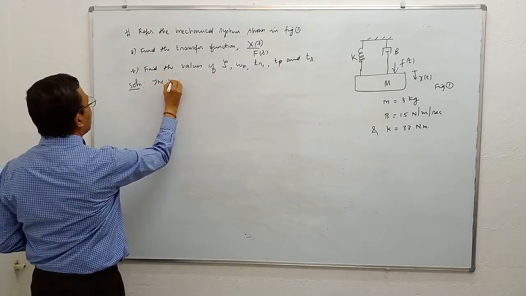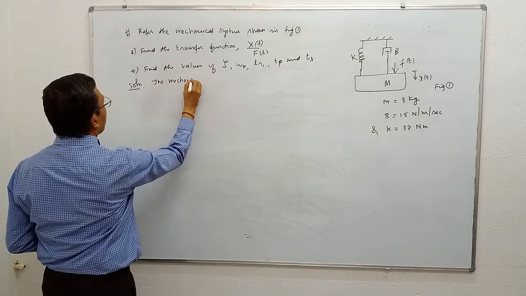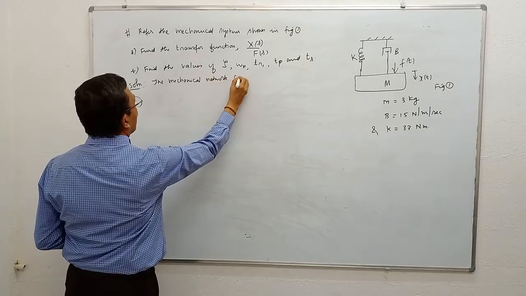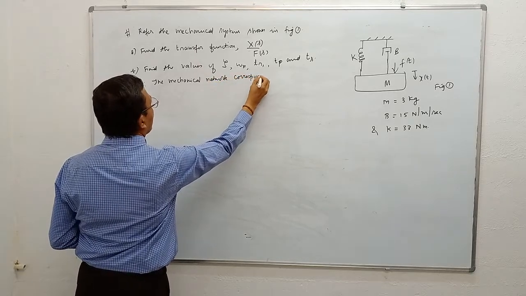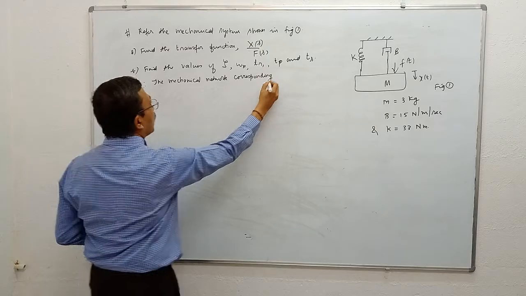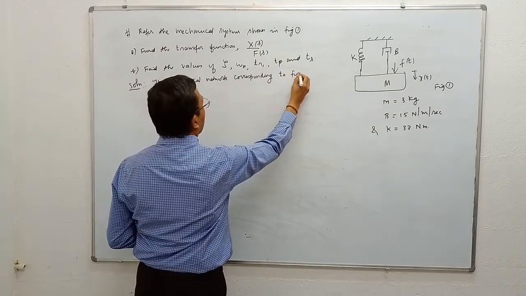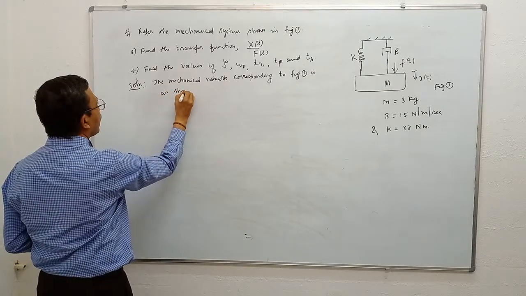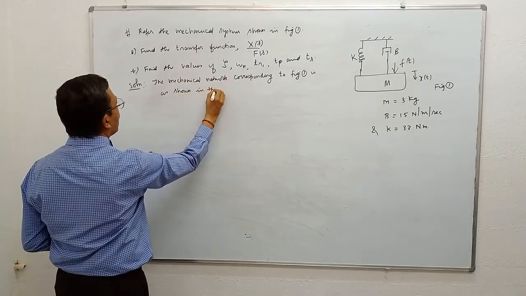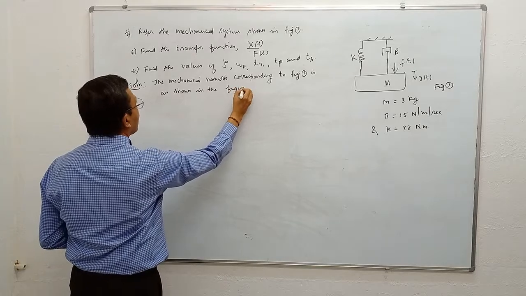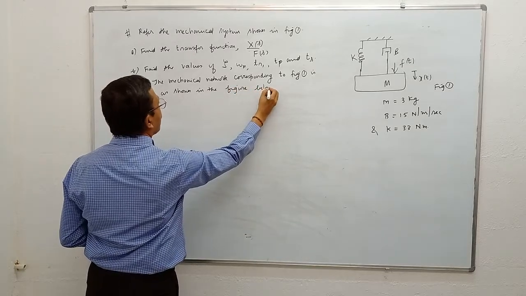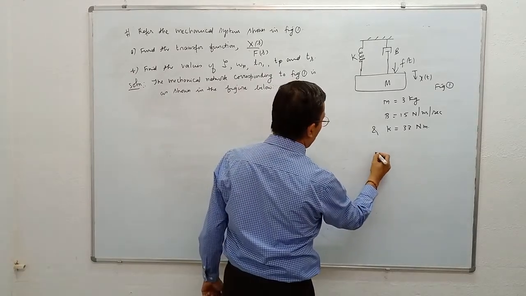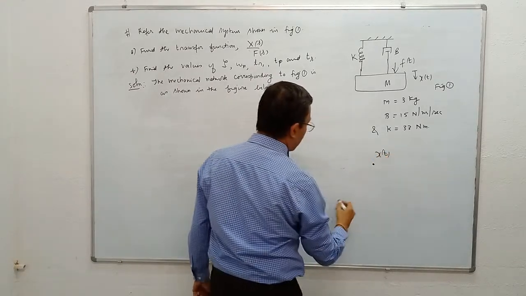Solution. The mechanical network corresponding to figure 1 is as shown in the figure below. We have got only one displacement, therefore one independent node x of t.